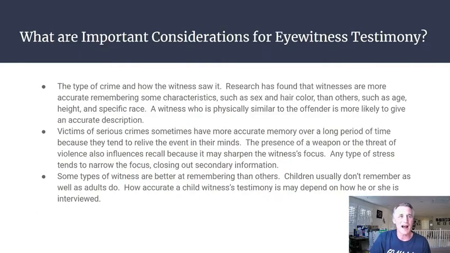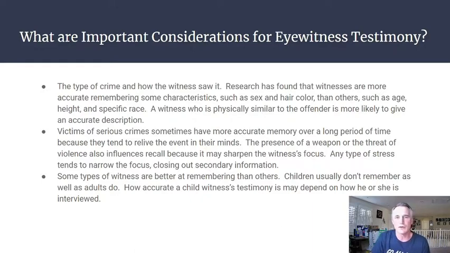So with that in mind, we have to keep in mind some important considerations for eyewitness testimony. Let's go through a few of these too. You have to keep in mind the type of crime and how the witness saw it. Research has found that witnesses are more accurate at remembering some characteristics, such as sex or hair color, than others, such as age or height or specific race.